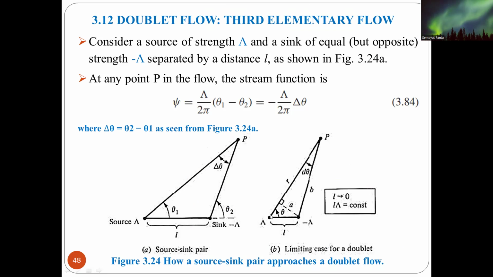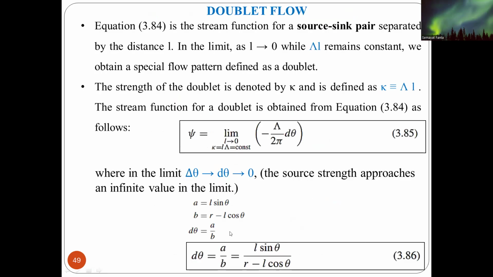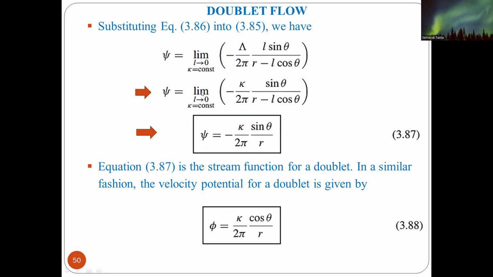So r minus L cos theta is equal to B, correct? So d theta is equal to A over B, L sine theta over r minus L cos theta. So finally, this helps us to give the equation psi is equal to minus the doublet strength over 2 pi, sine theta over r.